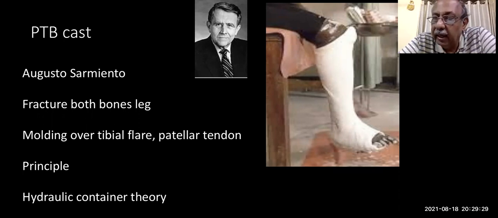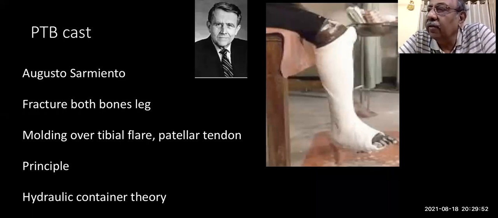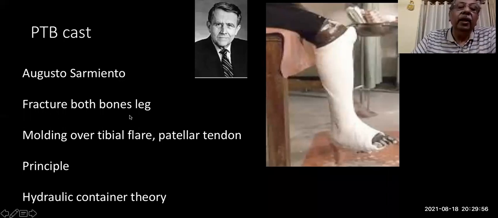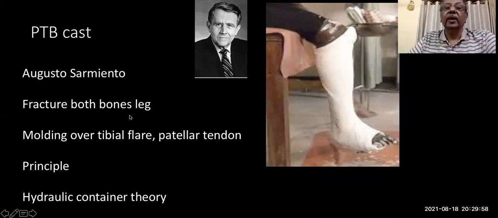So the weight will be transmitted through the hydraulic column. And as the fracture starts uniting, more and more weight will be transmitted across the fracture site, because the brain knows when to start weight bearing through that bone. Therefore, the more the fracture heals, the more weight will be transmitted across the fracture site. That is the principle of the PTB cast or functional cast bracing.